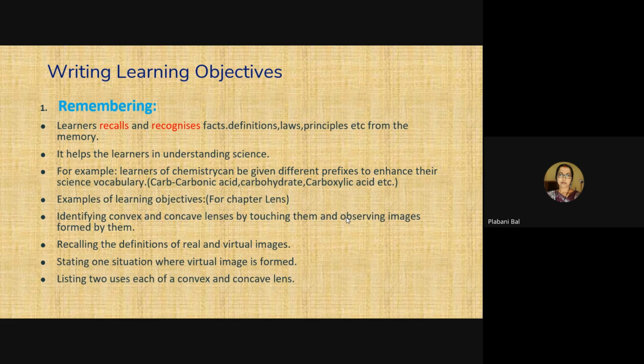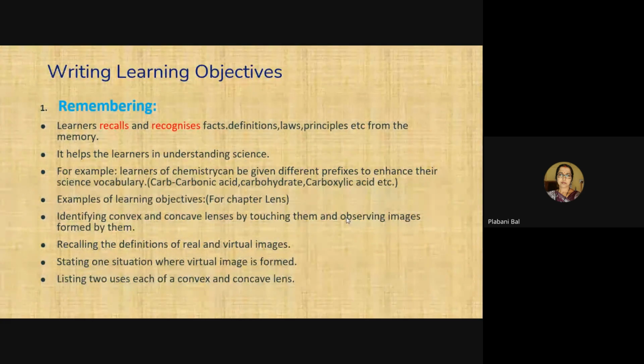For example, learners of chemistry can be given different prefixes to enhance their science vocabulary. This is also the remembering part. You can take a word and ask them to write. Science language is also important in science, and in bioscience the language is much more important. So let the learners learn the science language also. This can be a remembering part.